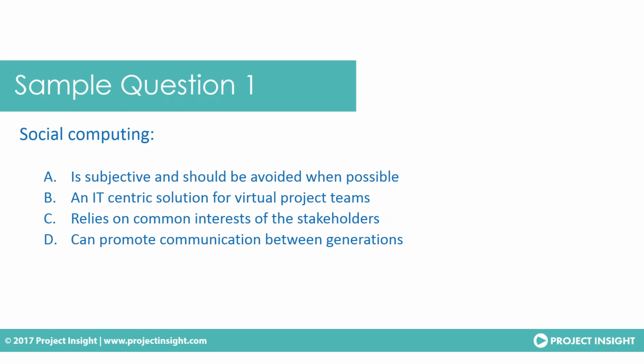There are some great answers, and certainly it's IT related, because Facebook or instant message are all IT solutions. But again, you have to pick the best answer based on PMI's philosophy and the PMBOK guide, which in this case is C, relies on common interests of stakeholders.